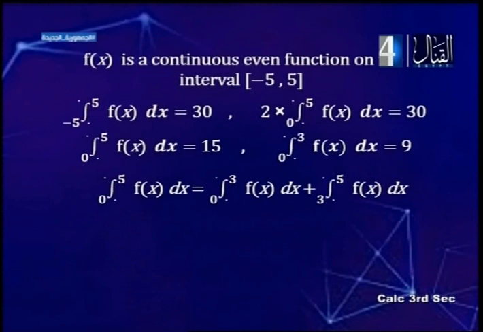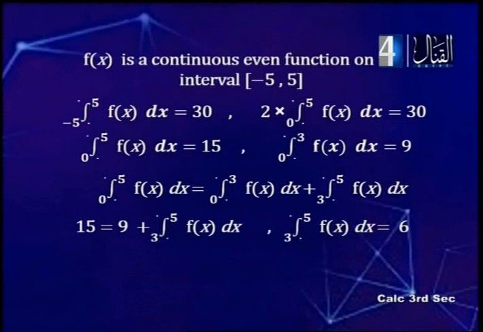We have the value of the integration from 0 to 5, which equals 15, and the value from 0 to 3, which equals 9. Then 15 equals 9 plus the integration of f of x dx from 3 to 5. 15 minus 9 equals 6. Then the integration of f of x dx from 3 to 5 equals 6.